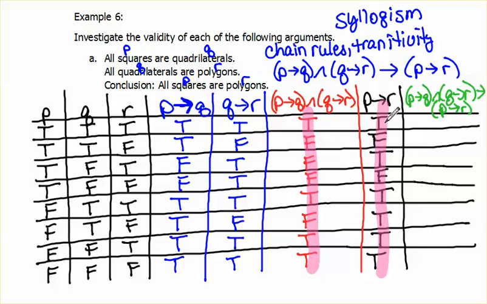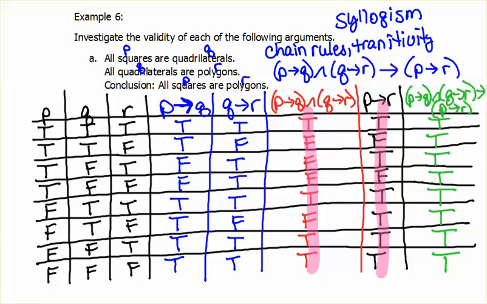Remember, the only time the implication is false is if you have T implies F. So T implies T is T. F implies F is T. F implies T is T. F implies F is T. T implies T is T. F implies T is T. T implies T is T. T implies T is T.